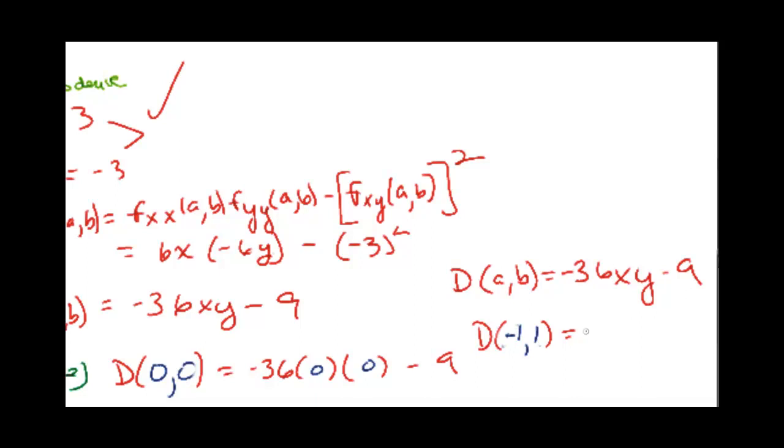You would get a -36 times the two critical points. So the x value is -1, y value is 1. So when you evaluate that, you get 36 minus 9. Doesn't matter what the value is. What's that, 27, which is greater than 0, but all that matters is that it's greater than 0.